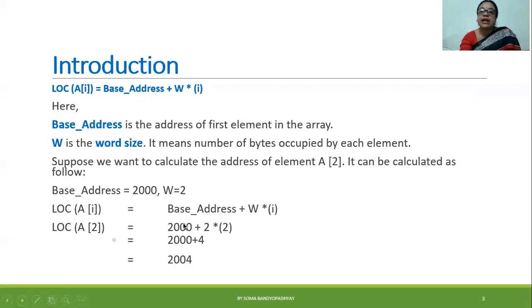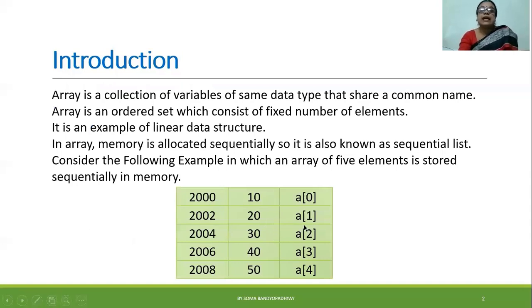The base address is 2000. So the location of the element A2 is memory location 2004. In the previous slide, we can see that A2 is stored in memory location 2004.